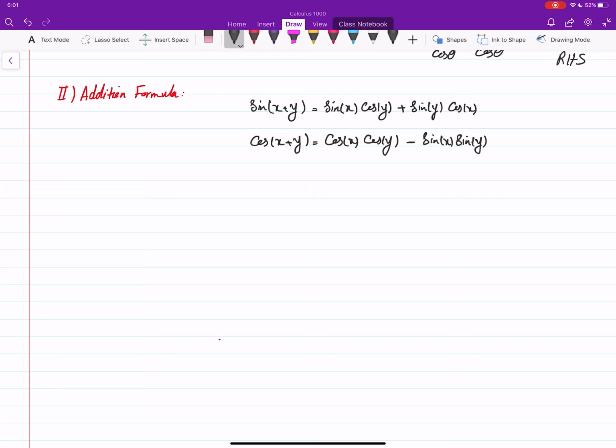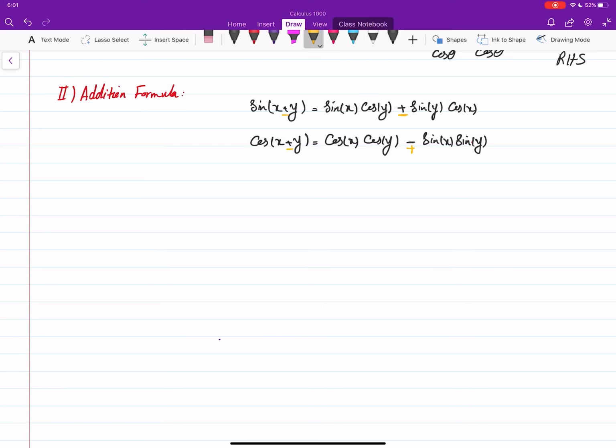And with very small work, one can also prove that there are formulas for subtraction. That's called the subtraction formula. When you find sine of x minus y, the middle sign stays, and in the case of cosine of x minus y, the middle sign changes. That's the only difference we have.